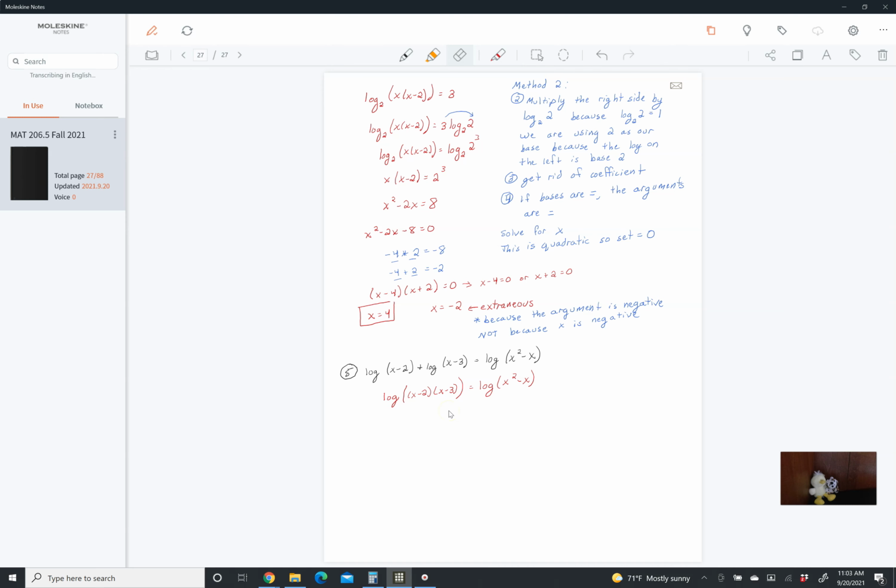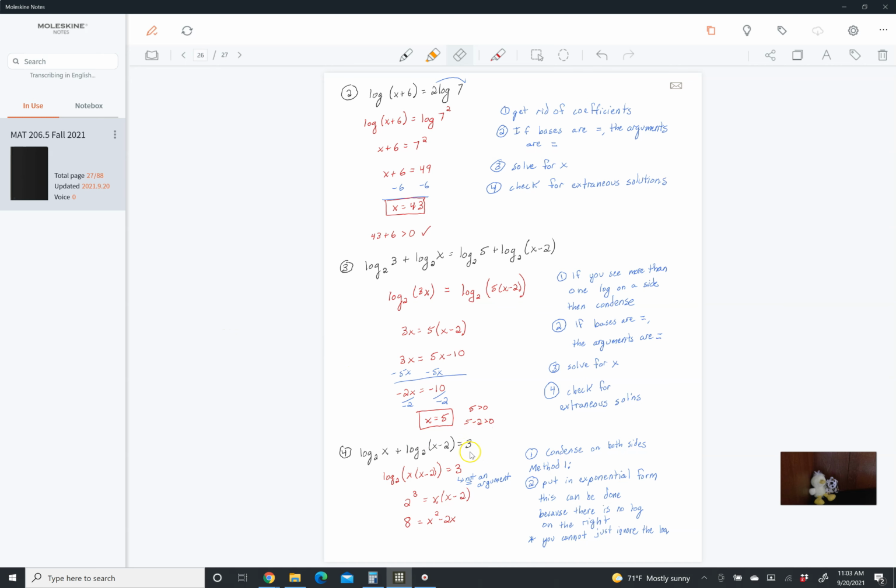It's up to you. I'm just going to set the arguments equal and then multiply. So we have x minus 2 times x minus 3 is equal to x squared minus x. Notice we didn't have to choose between two methods here because we had a log on both sides. In the previous equation, there was no log on the right, which is why we could use either method, but we couldn't just set things equal. We had to do something first.